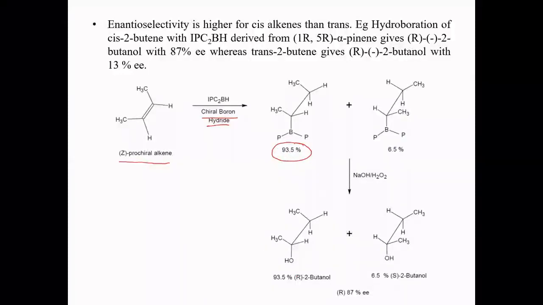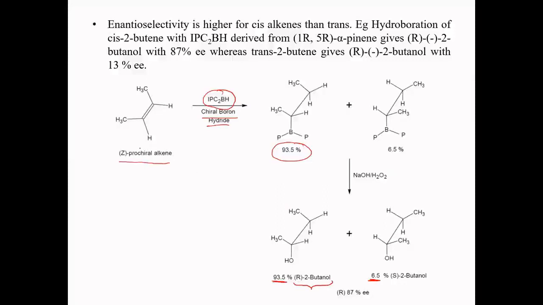And which alcohol am I getting? I'm getting R-butanol in 93.5%, and another compound that is S-butanol in 6.5%. Okay, so here this particular boron reagent is completely controlling the approach, whether it will take place from the front side or from the back side.